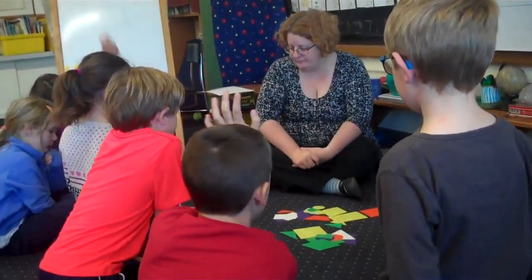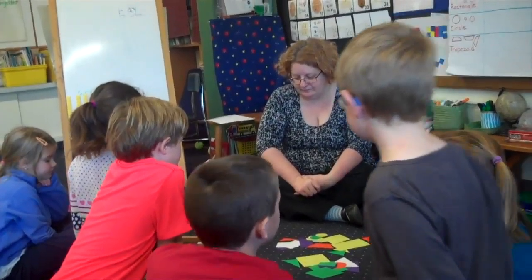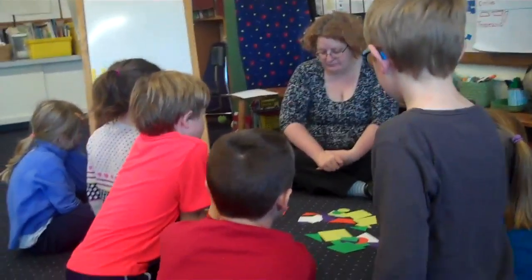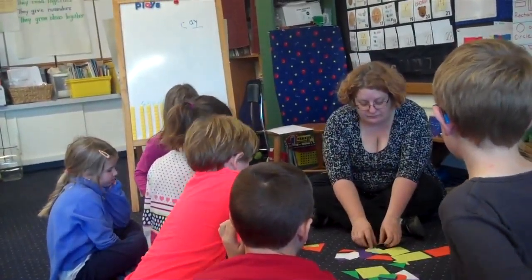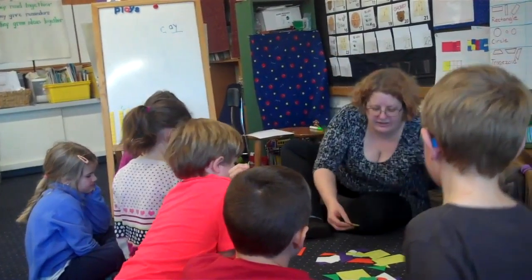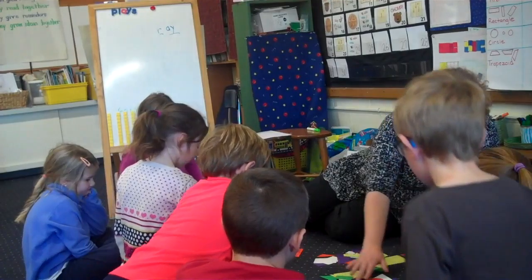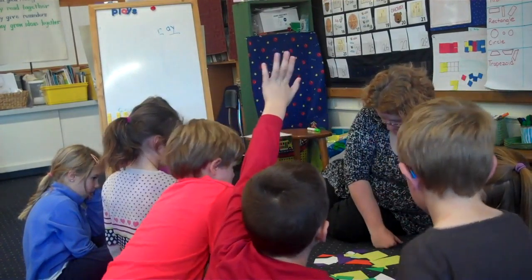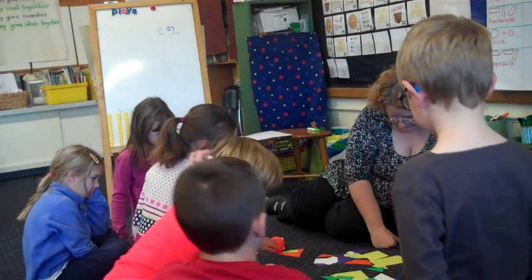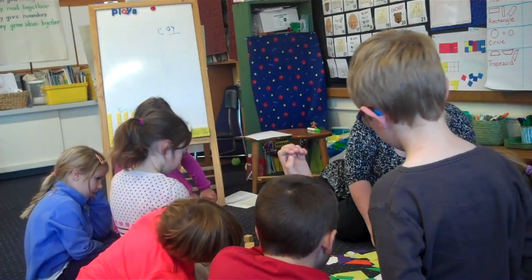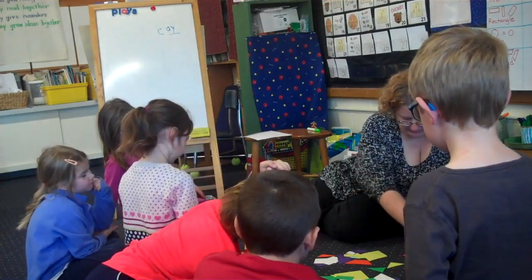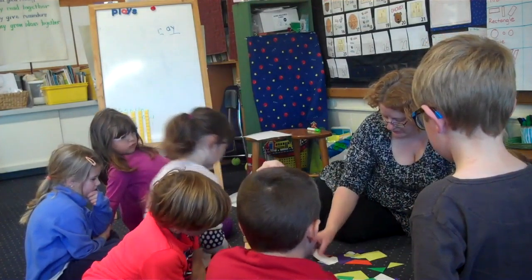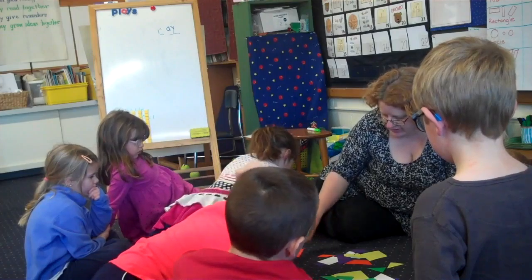Yes. You can sort the circles go with the circles. Oh, we can sort the circles. What else are we going to sort? We can sort the rectangles. Okay, so we have some rectangles. We can sort those out. What other shapes do we have?